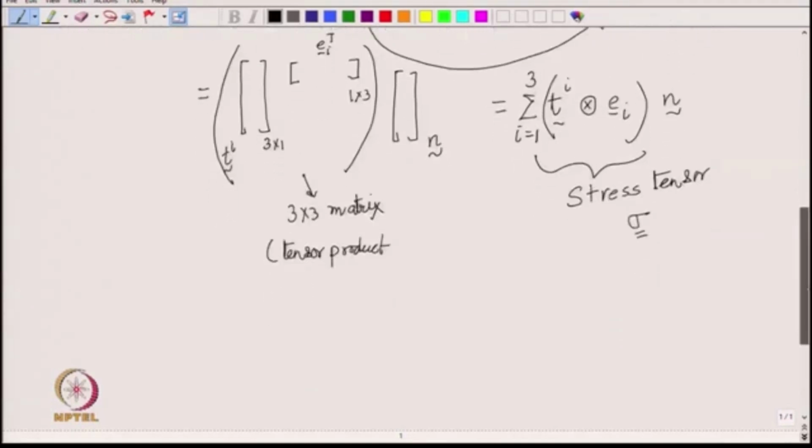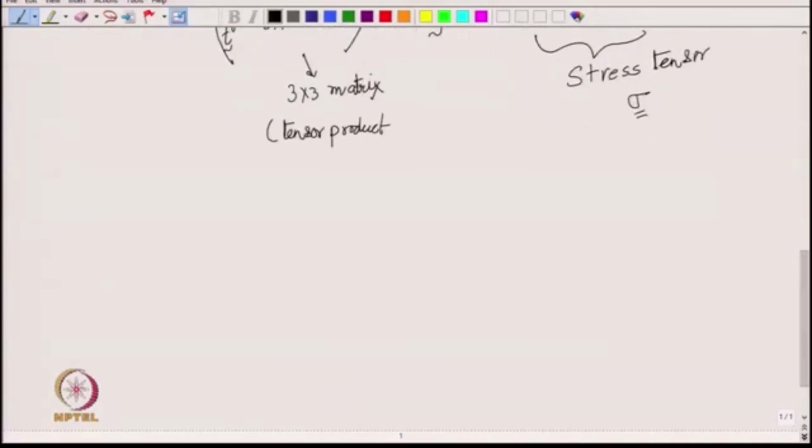Okay. So, finally, we have a very simple formula now, that T(n) is nothing but sigma times n. And you remember that T(n) depends on what point in the body we are looking at and on what plane at that point. So, it depends on both x and n.